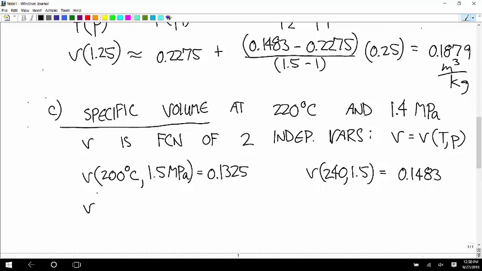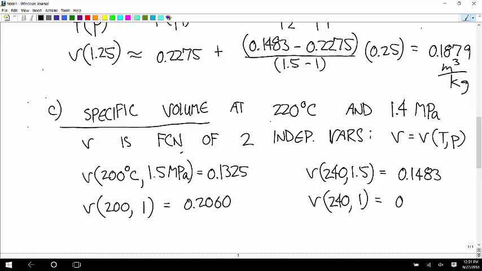And then the specific volume at the lower temperature, that's temperature 200, and the lower pressure is 1. So that's 0.2060. And the specific volume at a temperature of 240 and a pressure of 1 megapascal is 0.2275. So that's just read right out of the table.